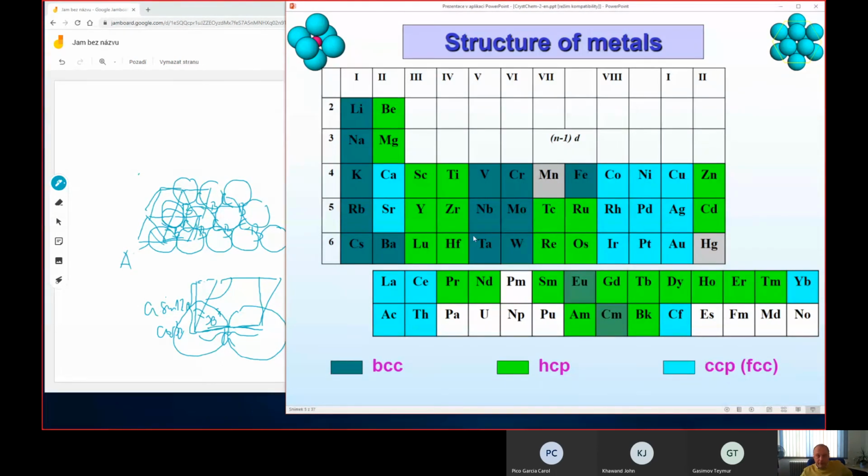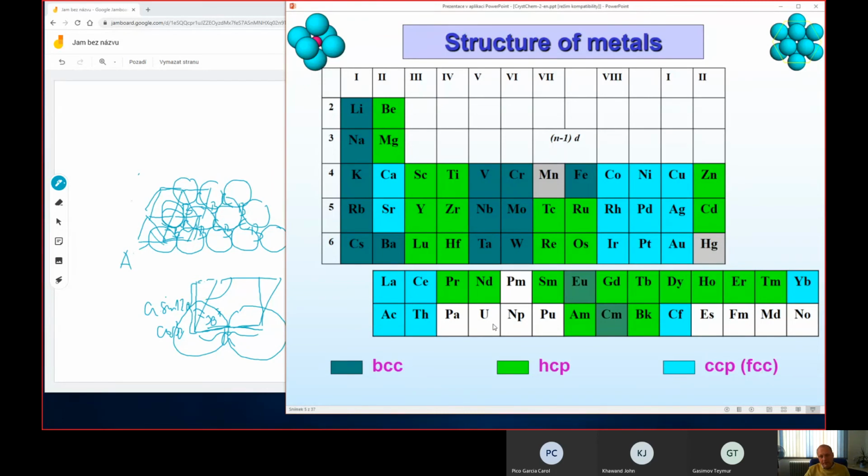We have also BCC structures for the atoms in the center of the transition metal series. We have the hexagonal structure and cubic face-centered structures for alkaline earth metals as well. So it is just a trend only, or tendency.